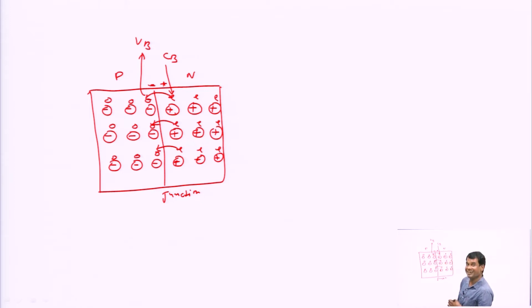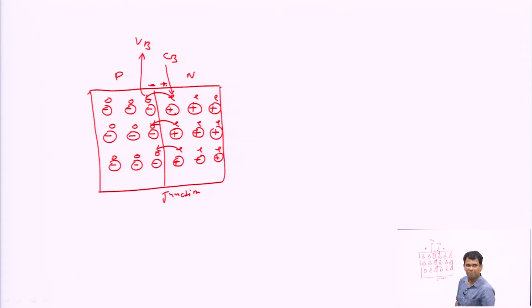You should pay attention here: this positive potential will prevent the electron from crossing the junction. That is, this positive potential will prevent the recombination process, because the electron crosses the junction and occupies the hole. This phenomenon is called recombination of electron-hole pairs, and these uncovered ions will prevent the recombination process.